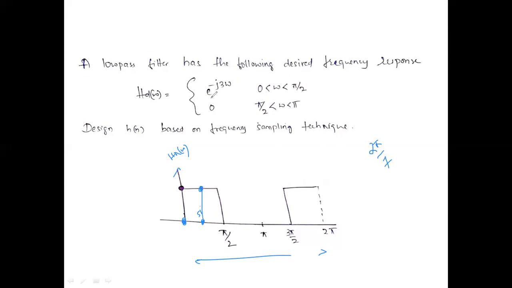Phase angle will be e to the power minus j 2 pi by 7 into 3, because 3 is part of your question. 2 pi by 7 is what I replaced for my omega, and 3 is part of the question. So it is e to the power minus j 6 pi by 7.